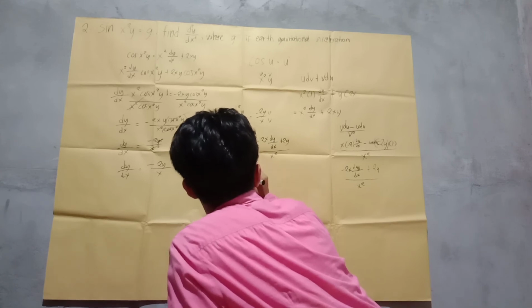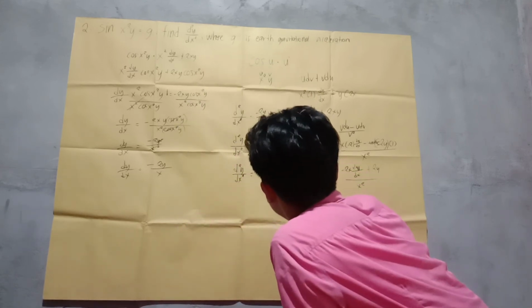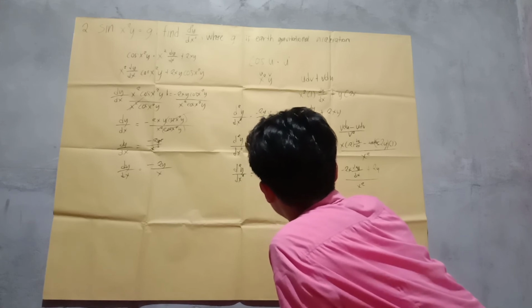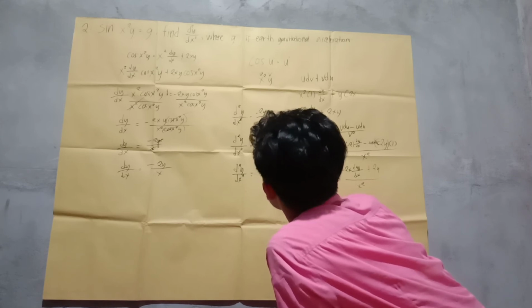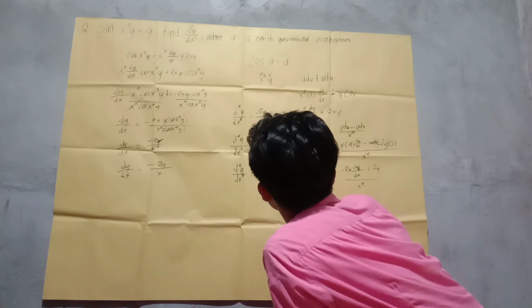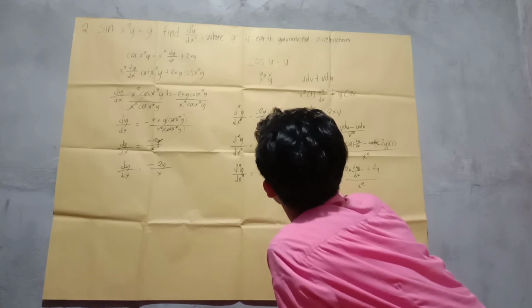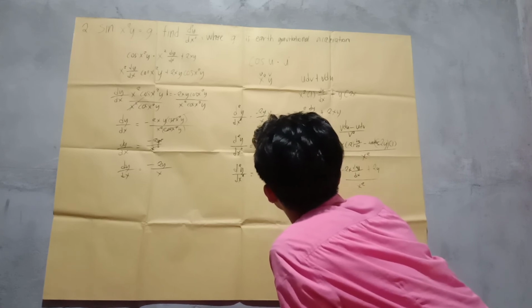It will become negative 2x times negative 2y over x, plus 2y over x squared.